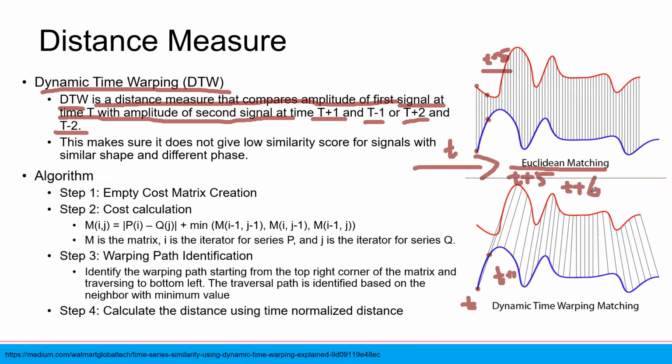So we call this dynamic time warping. This makes sure that it does not give a low similarity score for signals with similar shape but different phase, because there will be some difference here, and we will check with it.